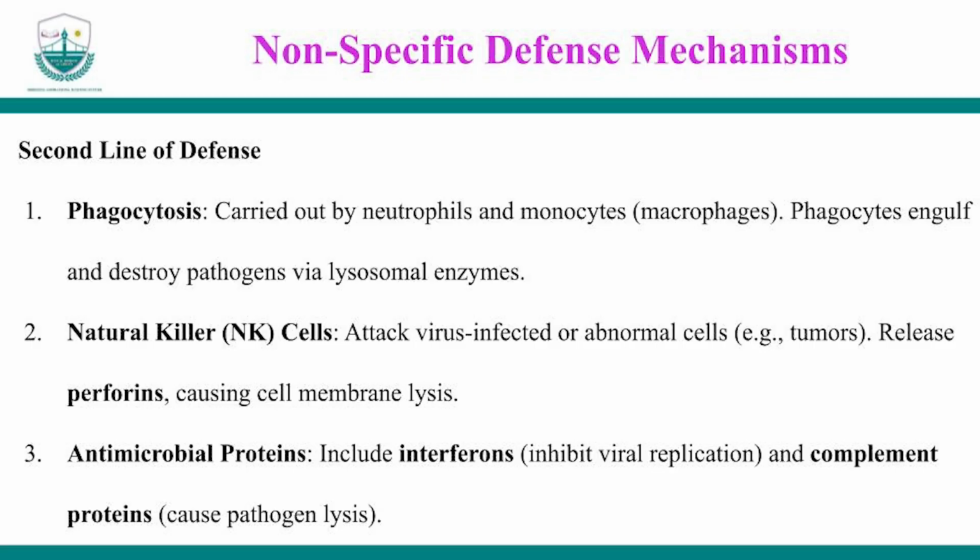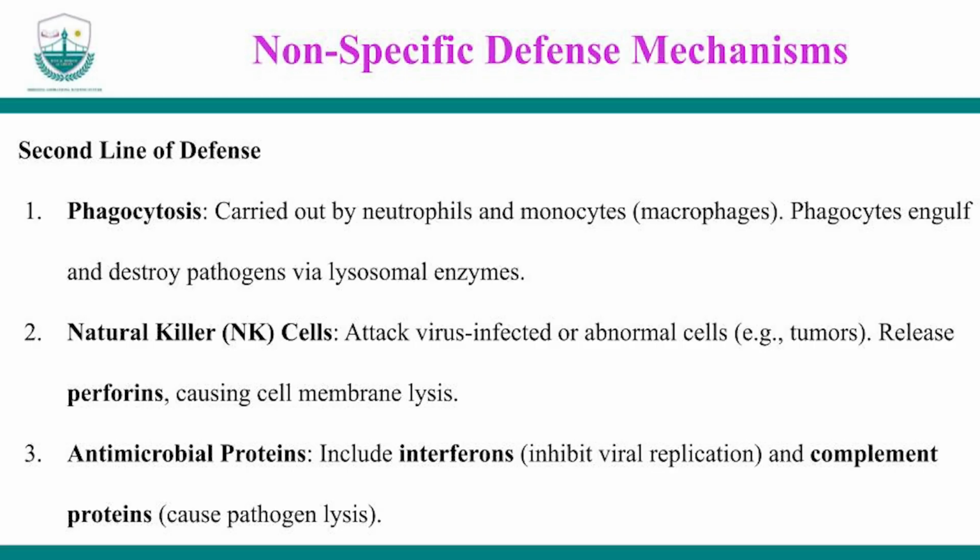They are not carrying out their functions properly, so they get killed. Those are natural killer cells. They release what we call perforins that help in breaking down the cell membrane through a process that we call lysis.